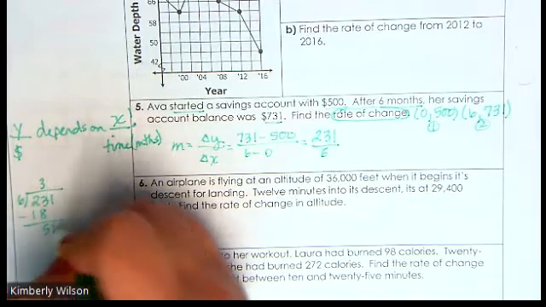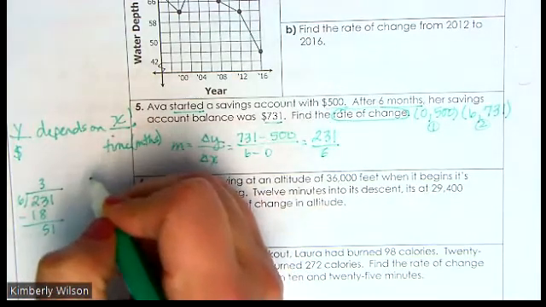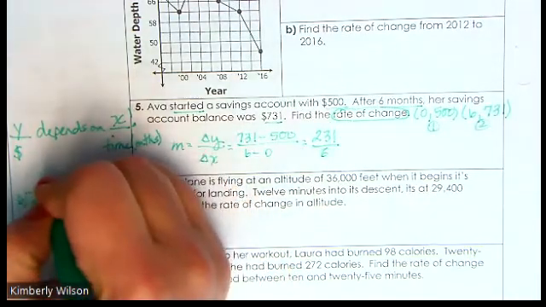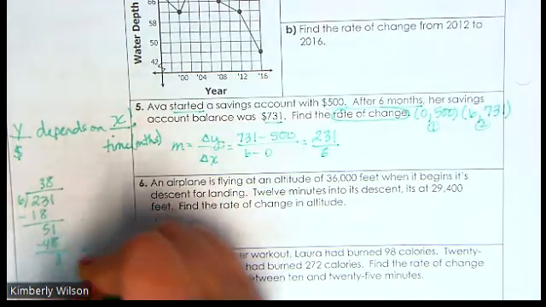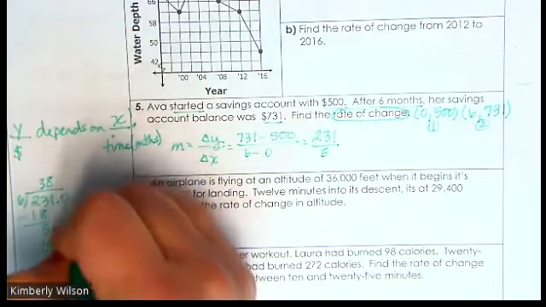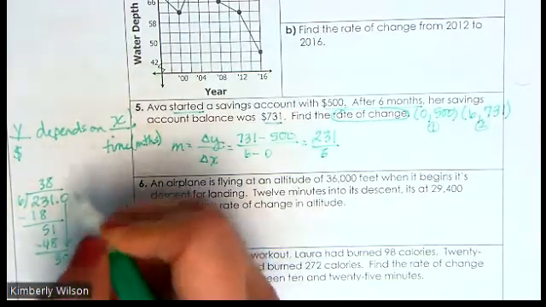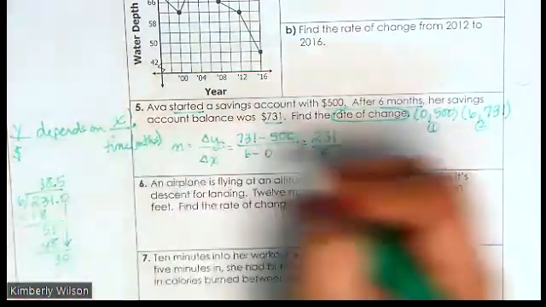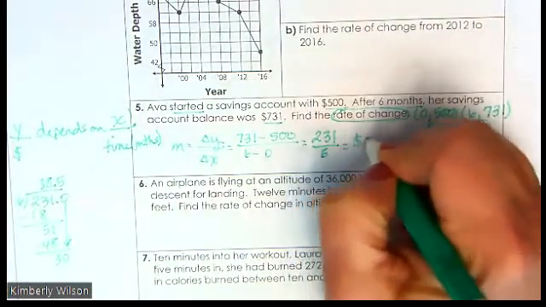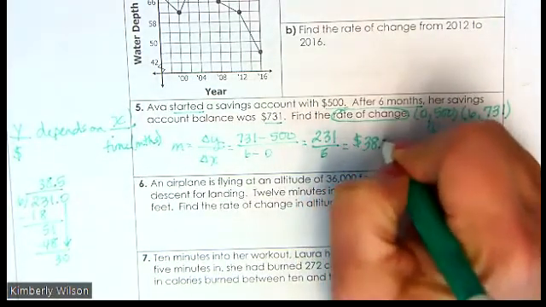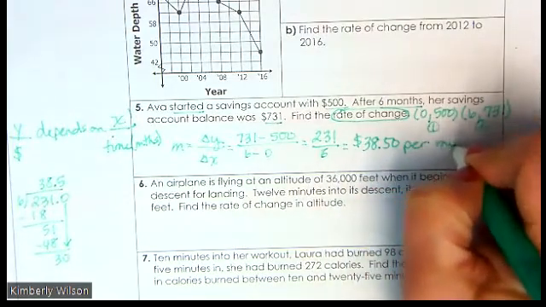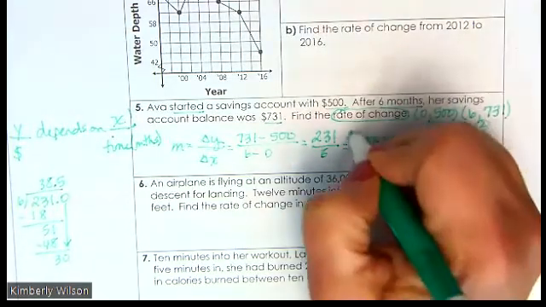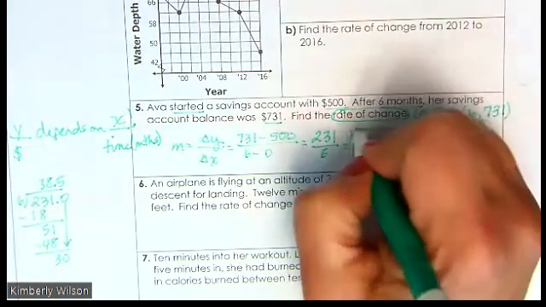So we have 51, 6 goes into 51 8 times, that's 48. 3, put my decimal down, a 0. So this is 38.5, so this is $38.50 per month. This is the amount that she saves.